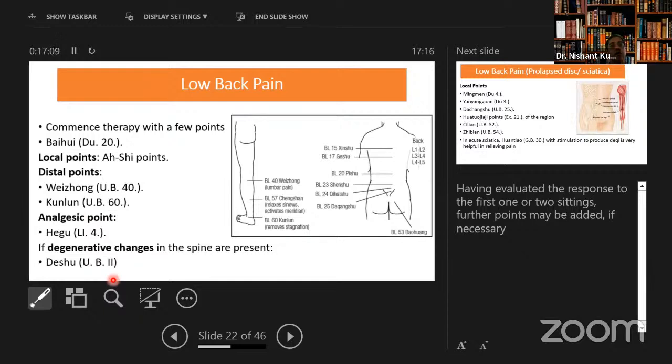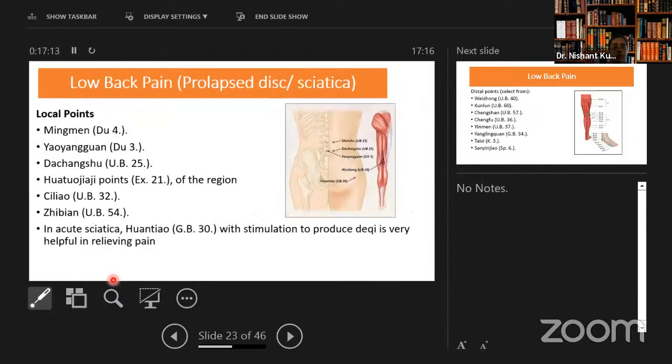The same thing what we have learned just before, how to choose the point. This is important when there is a radiculopathy because of a prolapsed disc or sciatica. Apart from the local points that are DU3, DU4, UB25 and UB26, you can use GB30.